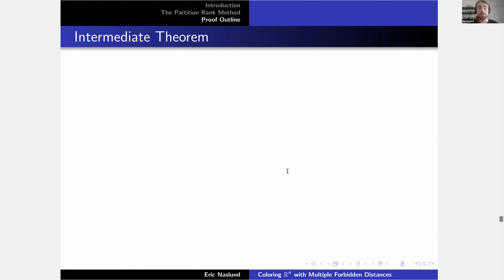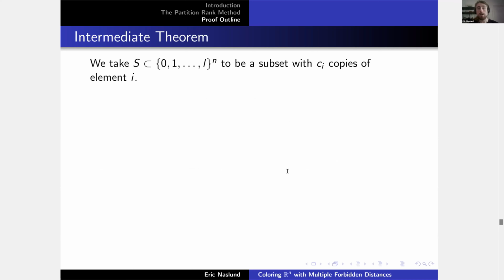So once we have our set S from 0, 1 up to L to the N, we want the maximal distance of elements in S to be at most P. So we choose P to be a little bit larger than that.